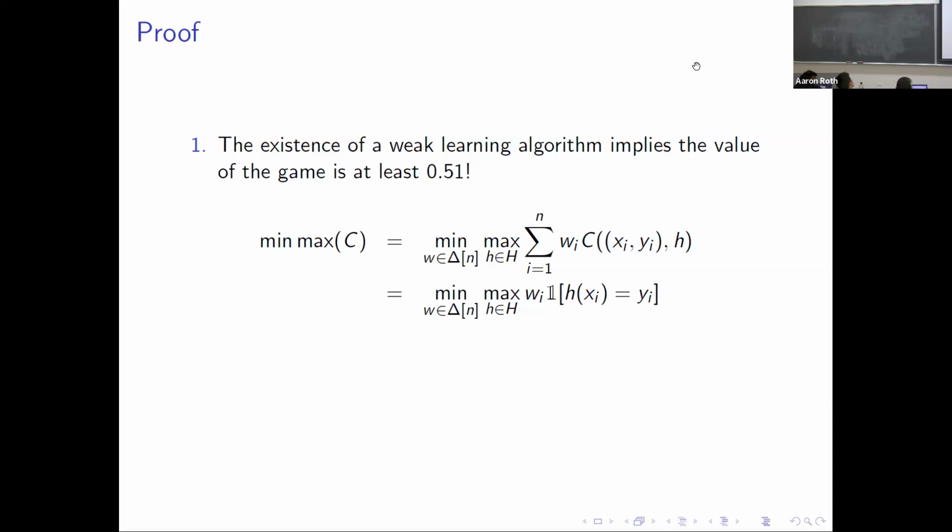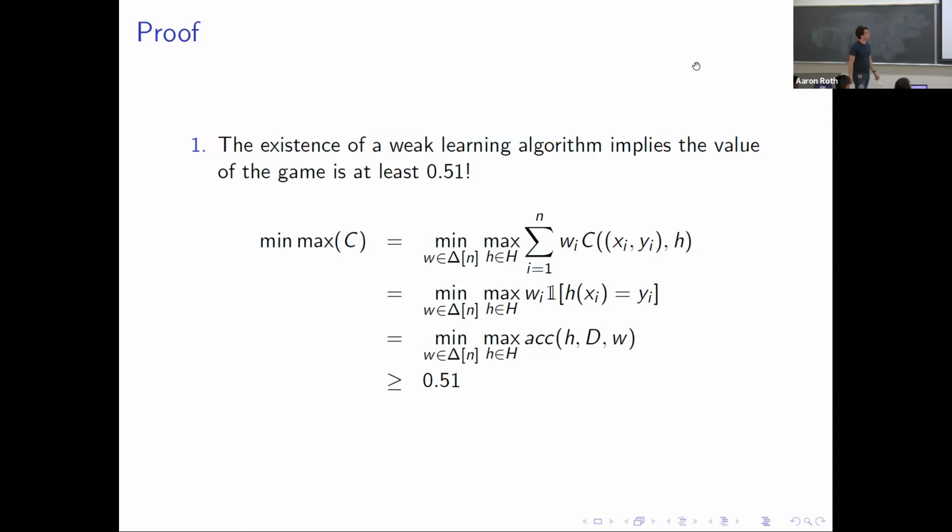Okay. So this expression that we get when we write down the min-max value of the game is just the minimum over distributions over the data points, over weightings of the data points, of the maximum over hypotheses, of the weighted accuracy of the data set under that weighting. And remember, what was the object we were given? It was a weak learning algorithm. What a weak learning algorithm promised was exactly that no matter what weighting of the data set we were given, it would produce a hypothesis that does a little bit better than random guessing, right?